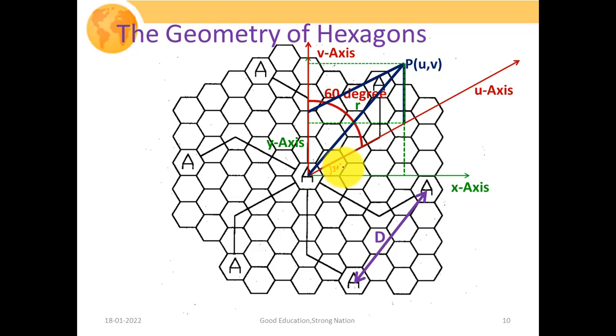So if this is u and this is your 30 degree, then this distance is nothing but u cos 30, and similarly this particular distance is nothing but u sin 30. So if this is u sin 30, then this is also u sin 30, I mean up till this distance from the origin to this particular point.